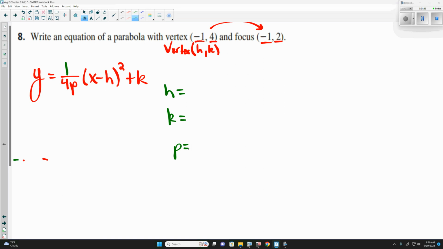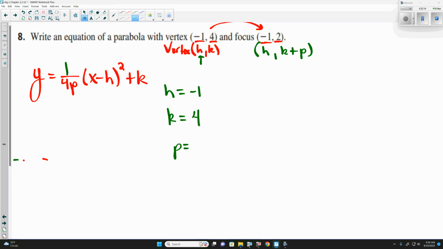Because again, our focus is h comma k plus p. Now our value of h, the vertex does tell us it is negative 1. The value of k is 4. And if I look over at the focus, focus's general form is h comma k plus p, yes?